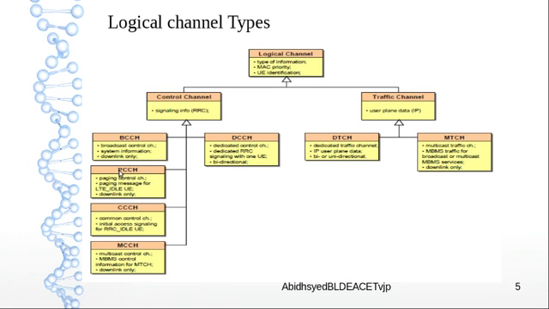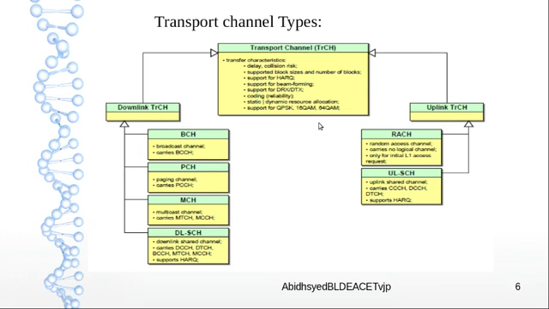The paging control channel carries paging messages, as we already studied, from LTE idle state to connected state. All these are the different types of logical channels, grouped in this fashion for easy understanding.